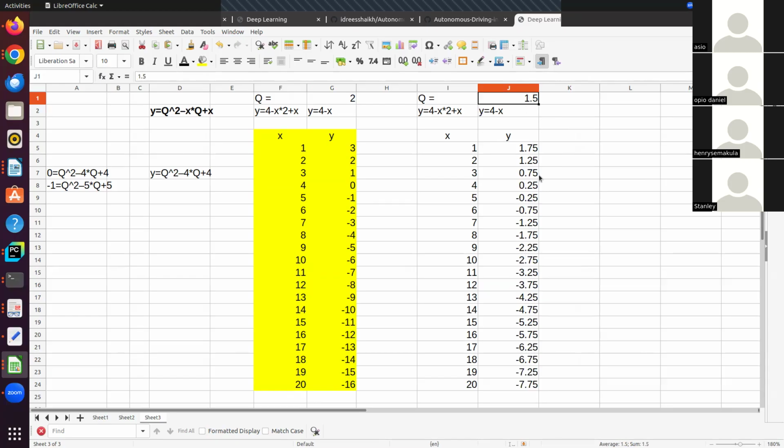So let's try maybe 2.5, and we see those numbers are too high, while 1.5 is lower. So maybe it's 2.2, something like that.